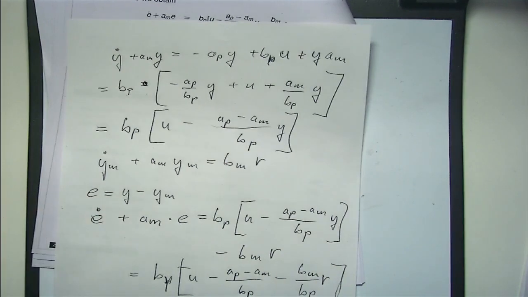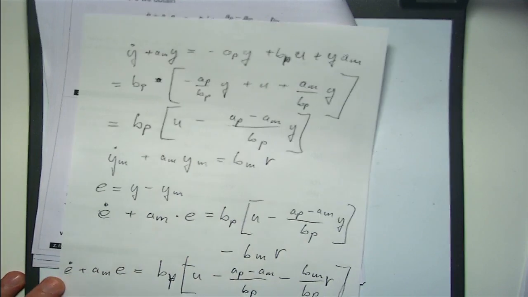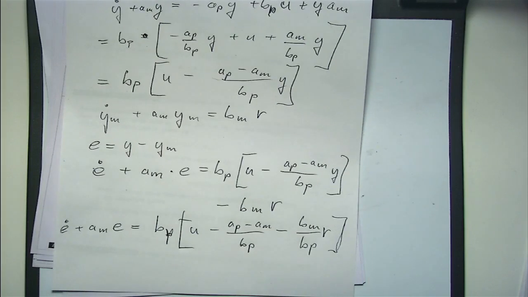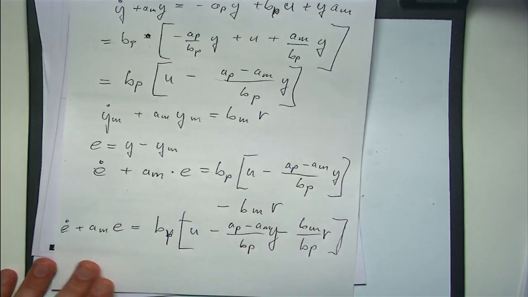The interesting thing is that we have here e dot plus Am times e. And this creates a first kind of idea how we can achieve that y and ym converge to each other. There should be a y. Sorry, yes, good, thank you.